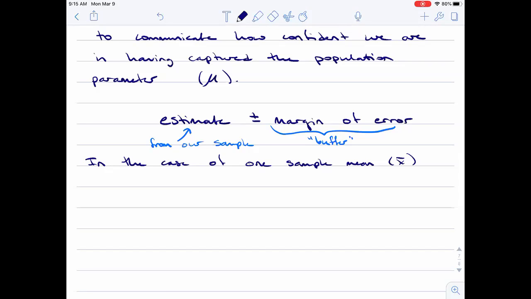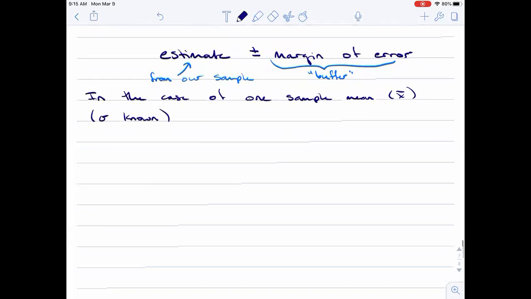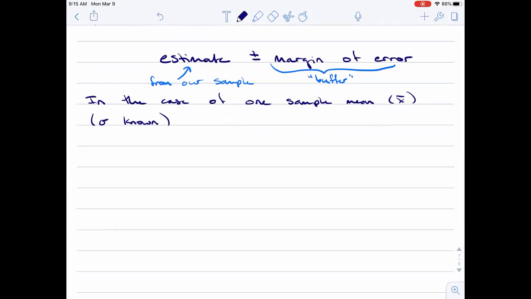So in the case of one sample mean, and I'll say sigma known, right? Just to emphasize that later on, that's not necessarily the case, but for now it is, then our estimate is going to be X bar, right?